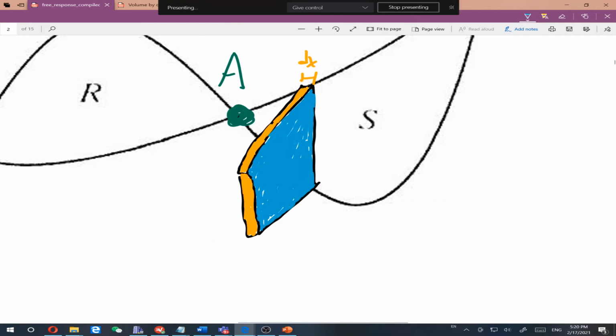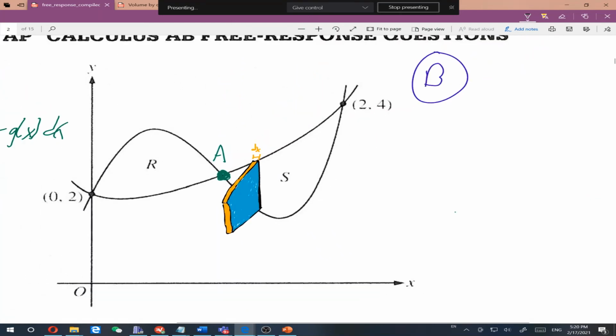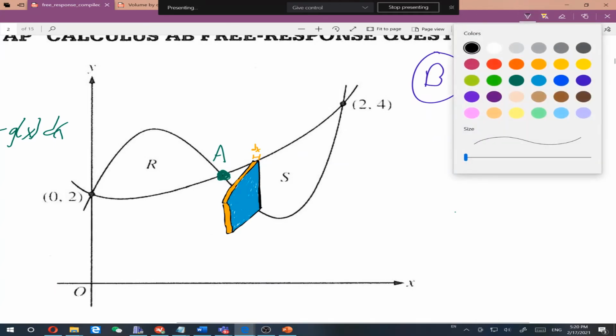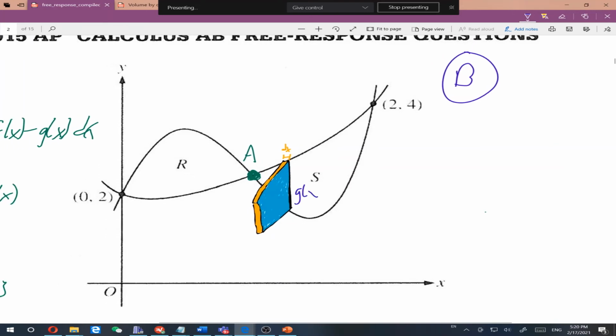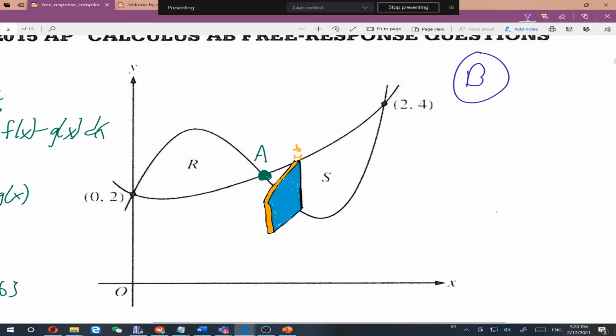All right. So I got something like this. And you said this is for our side lengths. f of x should be on top, I think. f of x minus g of x.